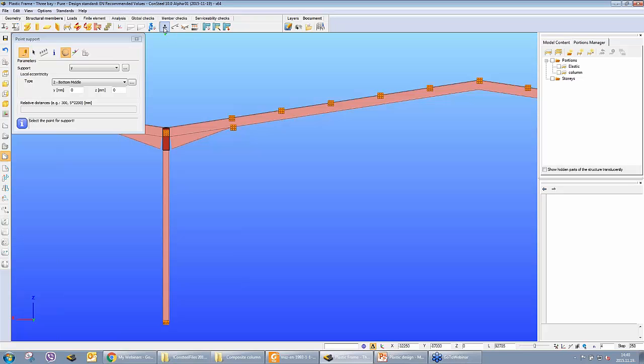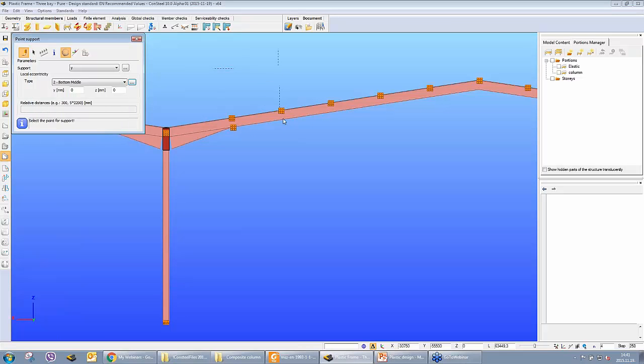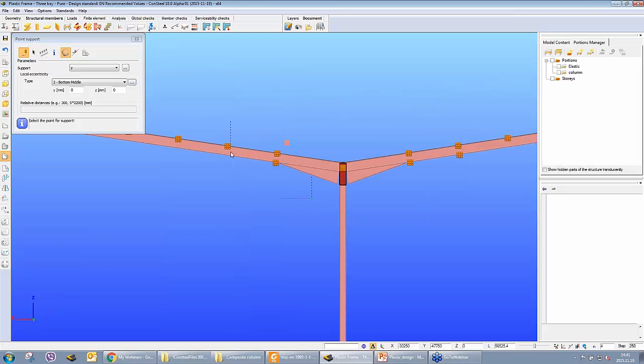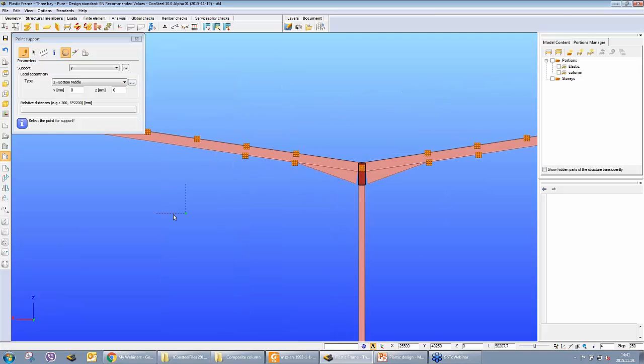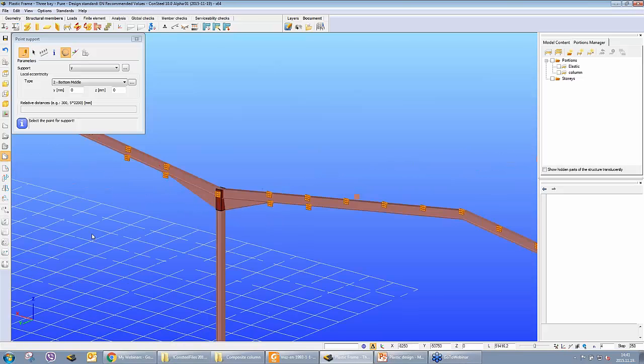So I put this Y direction, so this is the out-of-plane direction support, and I would like to put it to the bottom flange. Okay, and put here as well, and here and here as well.